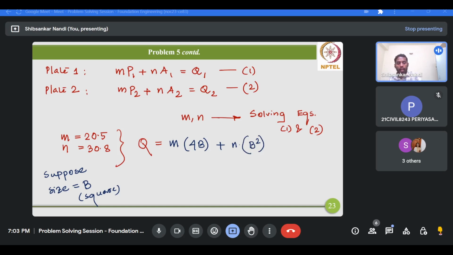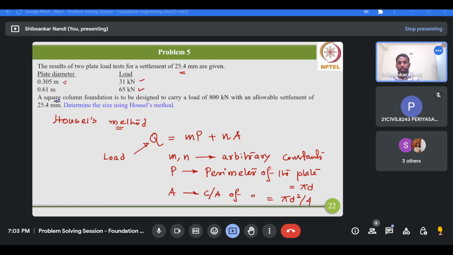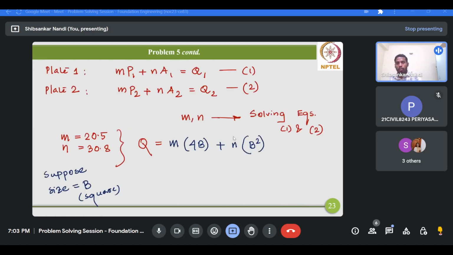Sorry, I have made a major mistake here, because p and n are basically interchanged. Otherwise you will get these values in the reverse way.